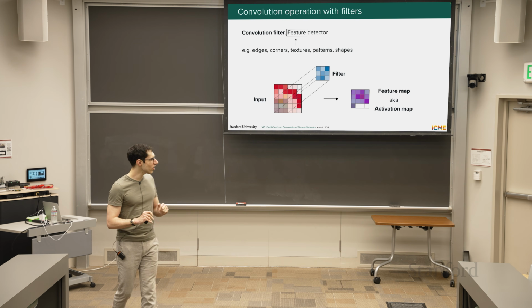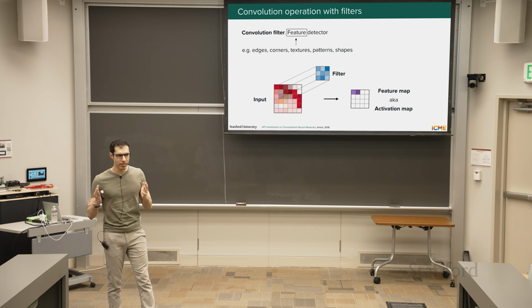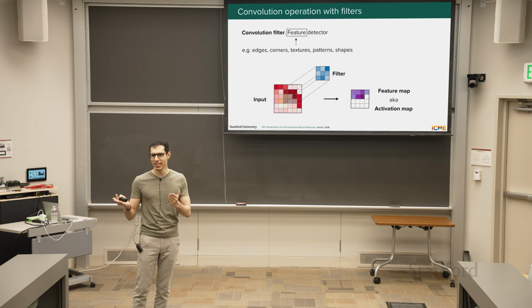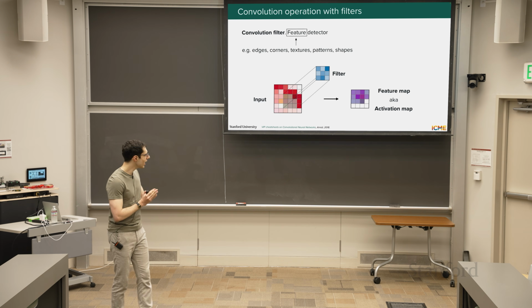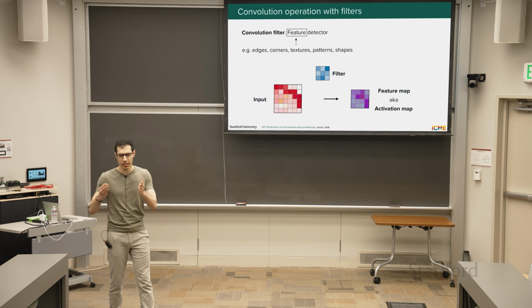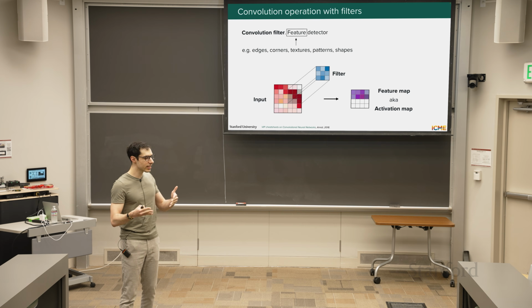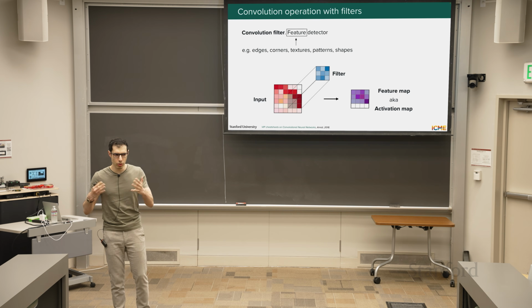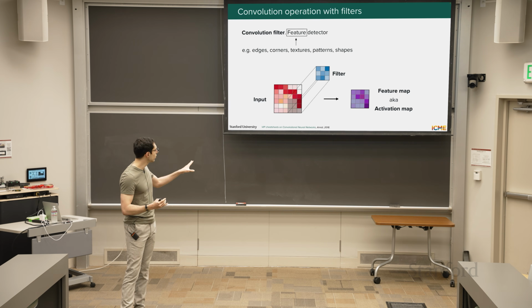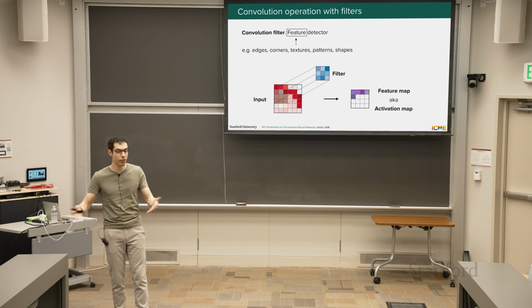Just on the terminology side, the output is usually called a feature map or activation map. And this convolution process typically leads to your output exhibiting things like edges, corners, and texture from your inputs. So it's going to extract visual features.